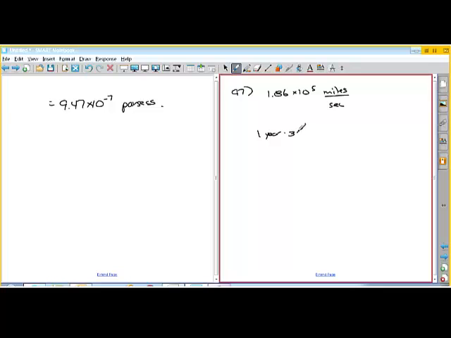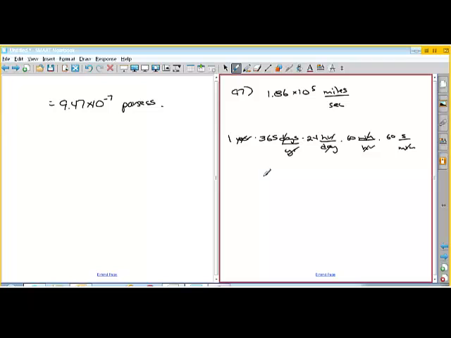times 365 days times 24 hours per day times 60 minutes per hour times 60 seconds per minute. And so these will cancel out, and you'll end up with seconds per year.